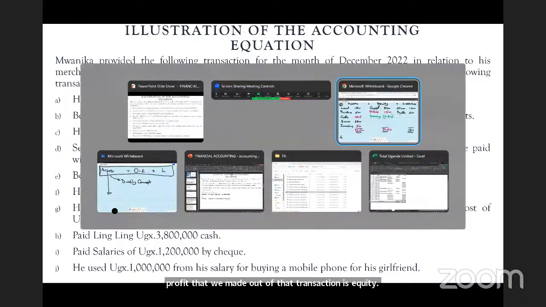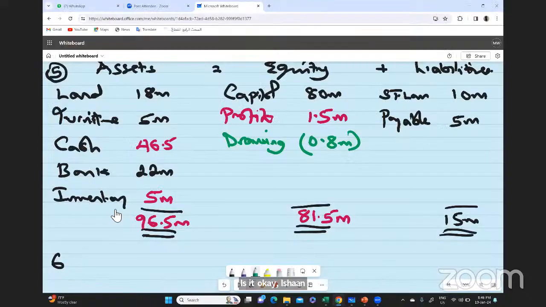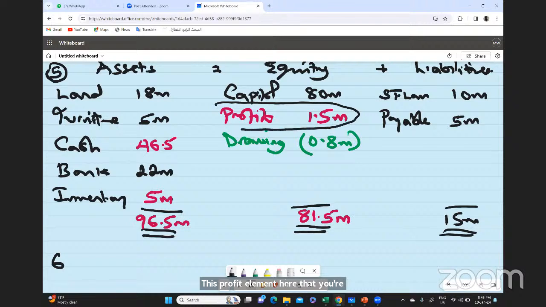This profit element here that you're seeing came as a result of that transaction. So we are supposed to ignore the 5 million? Which 5 million? We reduced inventory by half, okay? If you look at your previous accounting equation, inventory was standing at 10, isn't it so?